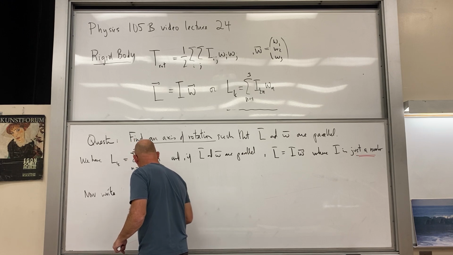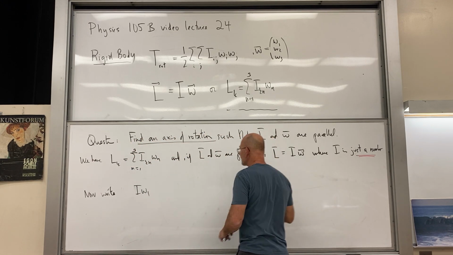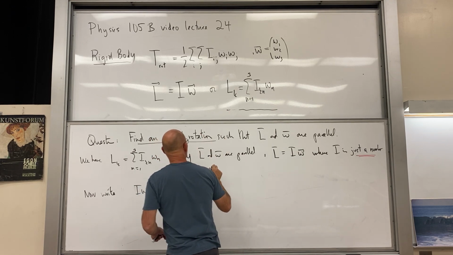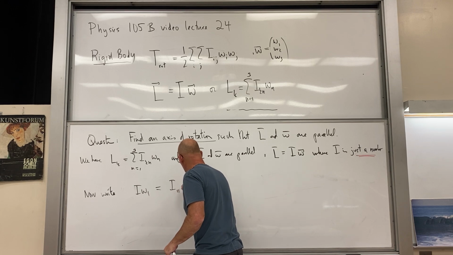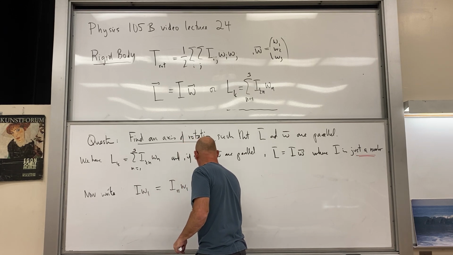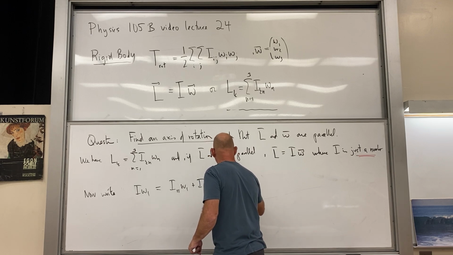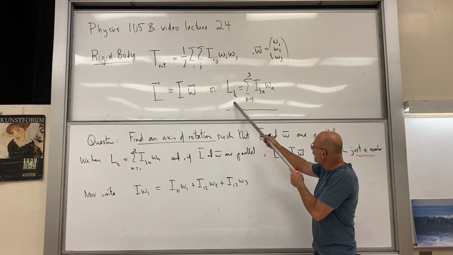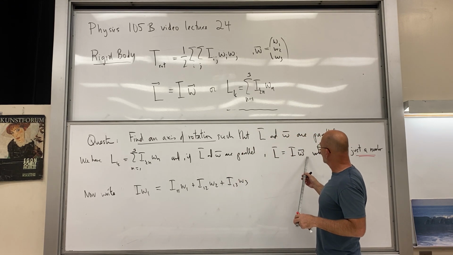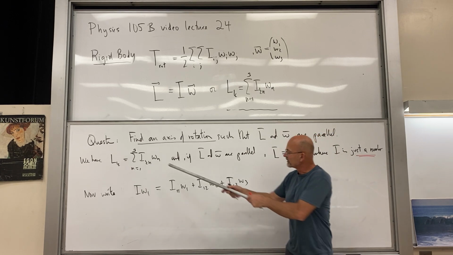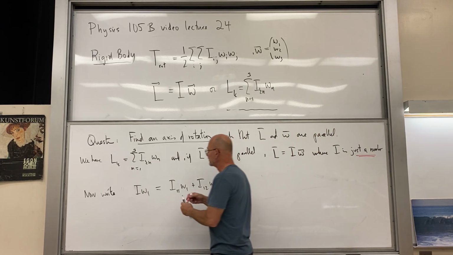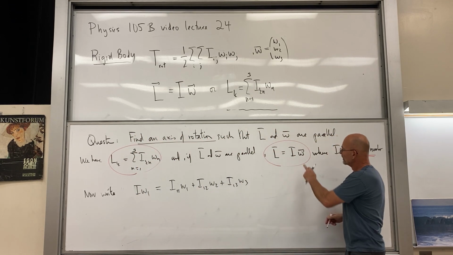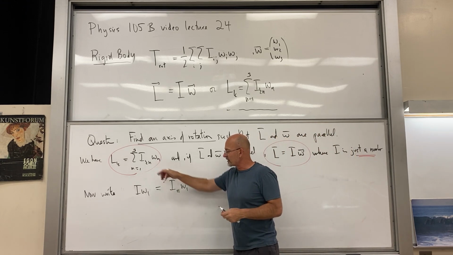Now write I omega 1, that would be my L sub 1 here, is equal to what I have right there: I 1,1 omega 1 plus I 1,2 omega 2 plus I 1,3 omega 3, right? So I omega 1, that's L sub 1 on the one hand in this form and on the other hand in that form. So I'm just trying to set up an equation with this one on the left side and this one on the right side.